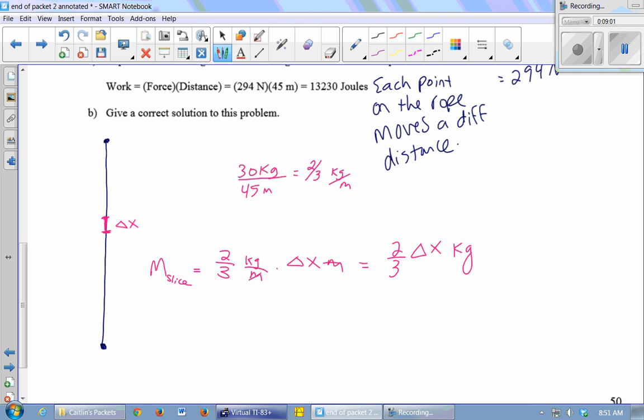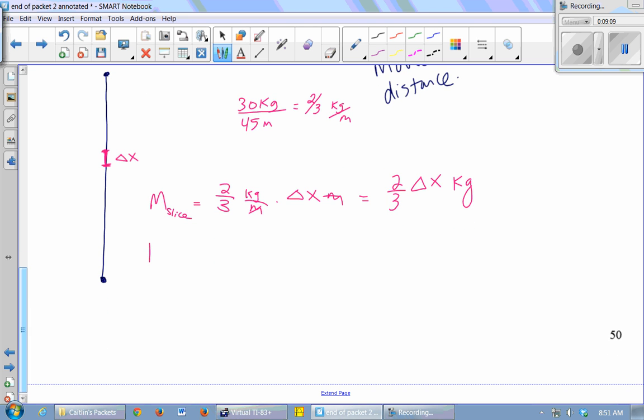So what else do I need for finding work? I need force, which is mass times acceleration. So I'm almost done here. Now I need to find the force of gravity on this slice, which is the mass times the acceleration. So it's just going to be 2/3 delta x times 9.8.